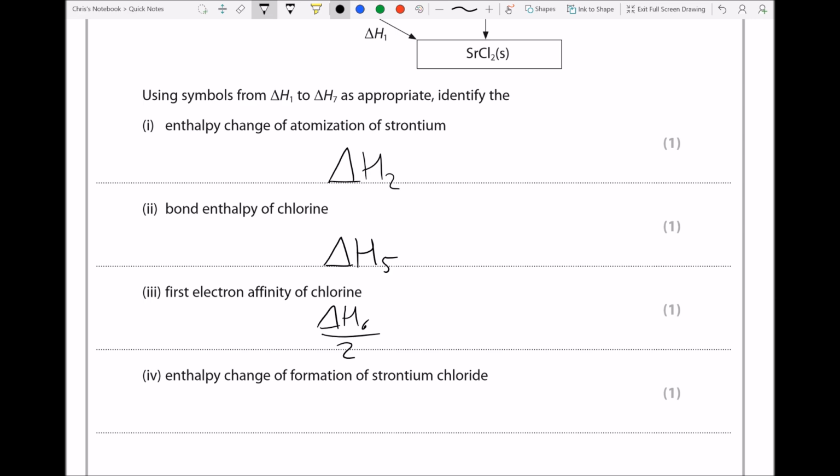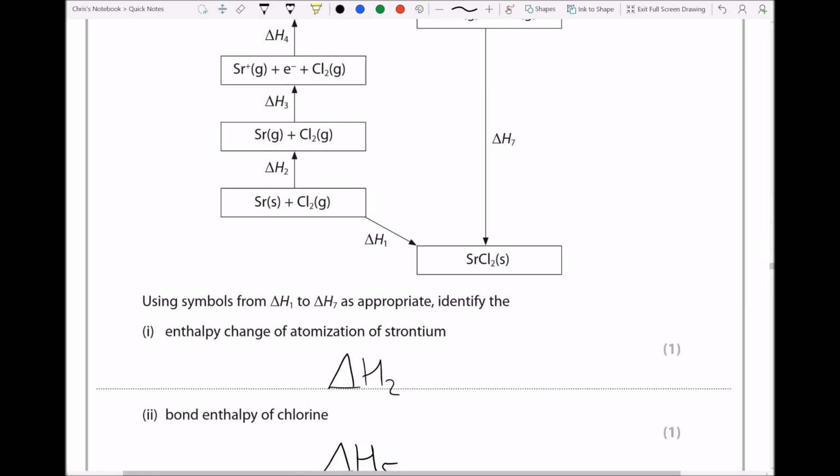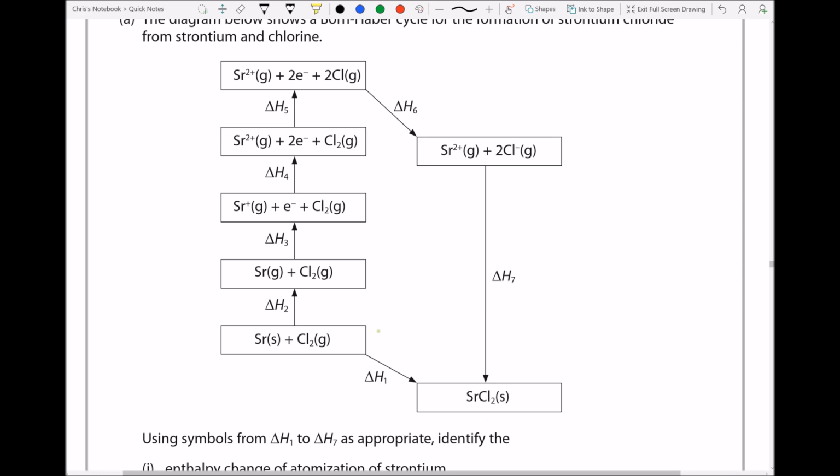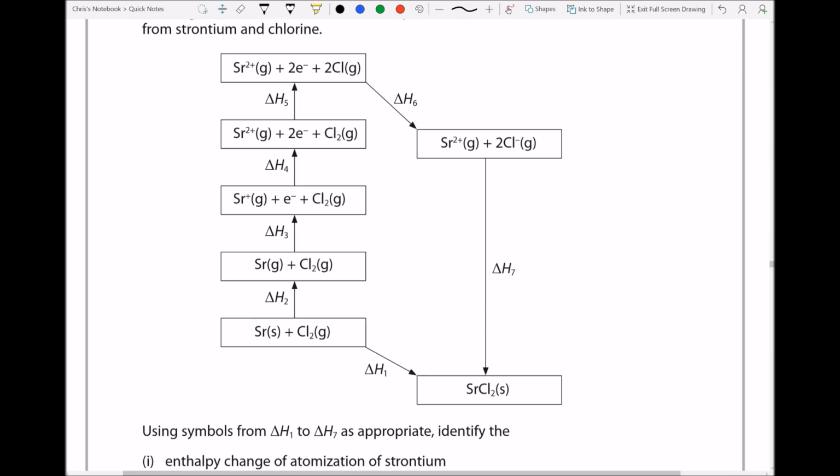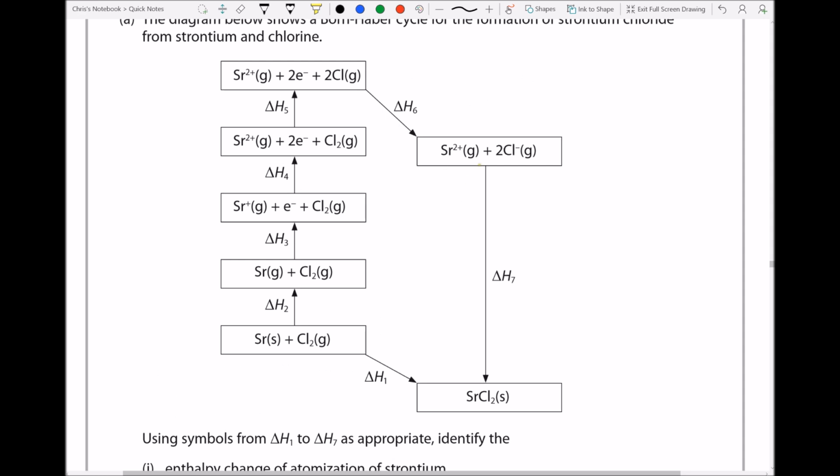Okay, enthalpy change for the formation of strontium chloride. Right, so we're looking for the enthalpy change of formation of strontium chloride. You've got to be really careful with this. This bit here is the lattice formation, or lattice energy, or lattice enthalpy as it's also known. So this is going from ions in the gaseous state to form a solid ionic product. This is enthalpy of formation.